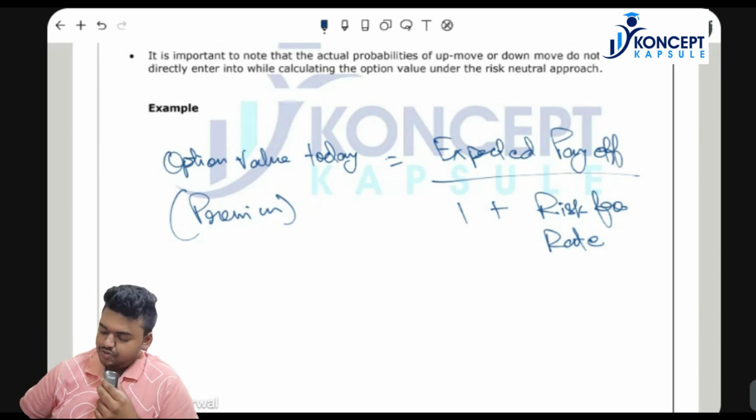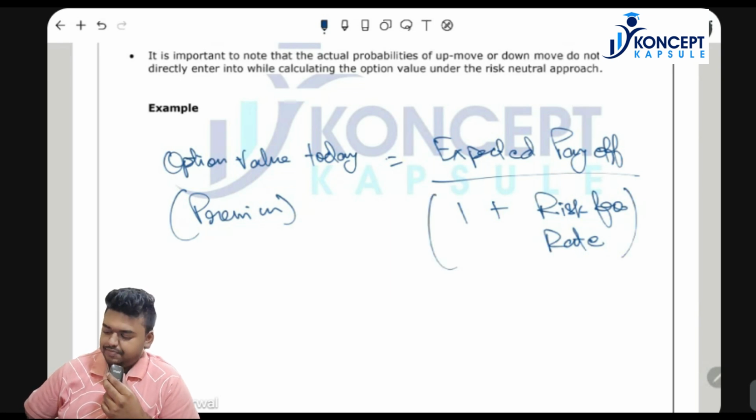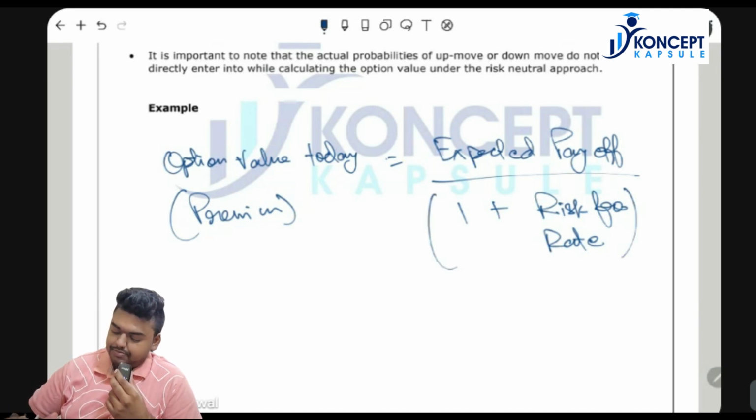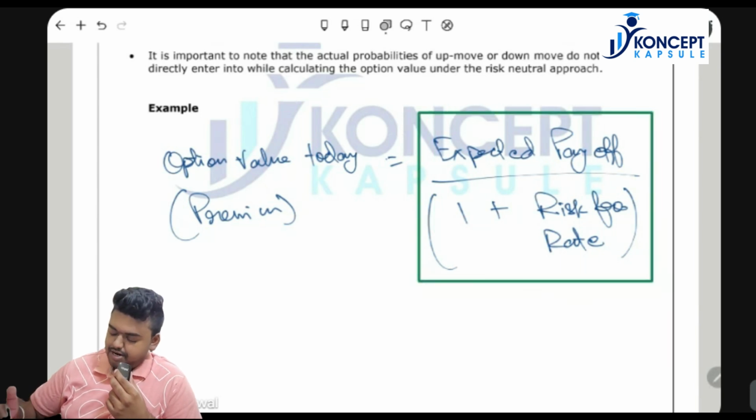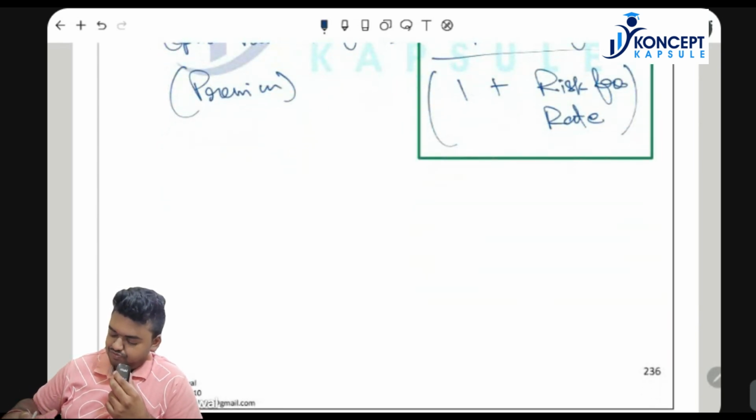Why is 1 plus risk free rate given as the denominator? This concept is nothing but known as discounting.